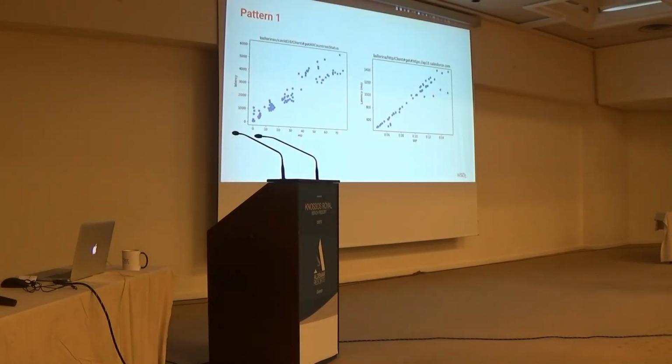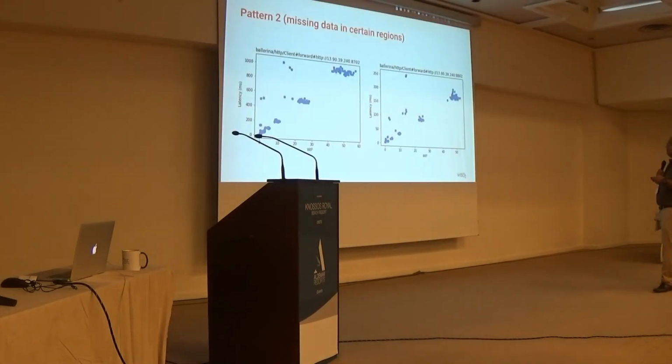These are the patterns that we are seeing. This is one pattern, which is what we see for most of the APIs, right? Clearly an increasing trend: as the load increases, the latency increases. Then we are seeing this sort of pattern also, where there are some missing values.